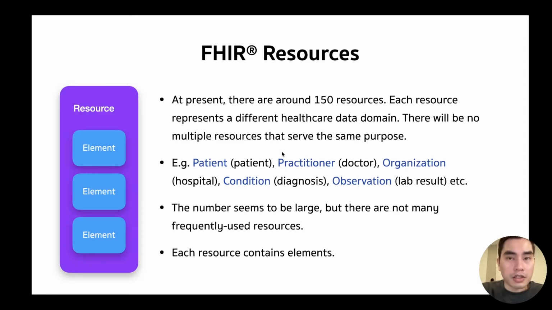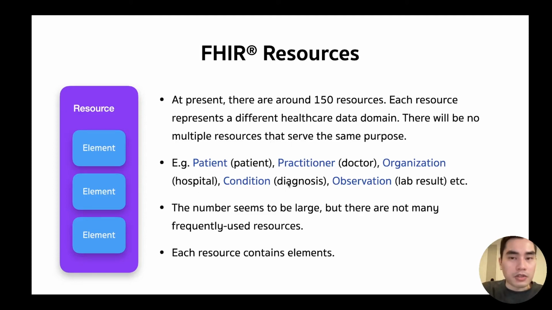We use the Practitioner resource for the doctor data, Organization for hospital, Condition for diagnosis, Observation for lab result, and etc. But there will be no other resource that represents the patient data. There may be some resources that look quite similar, like the resources in the medication category, MedicationRequest, MedicationAdministration, MedicationDispense, but those resources serve different purposes. There will be no resource that is used for the same thing.